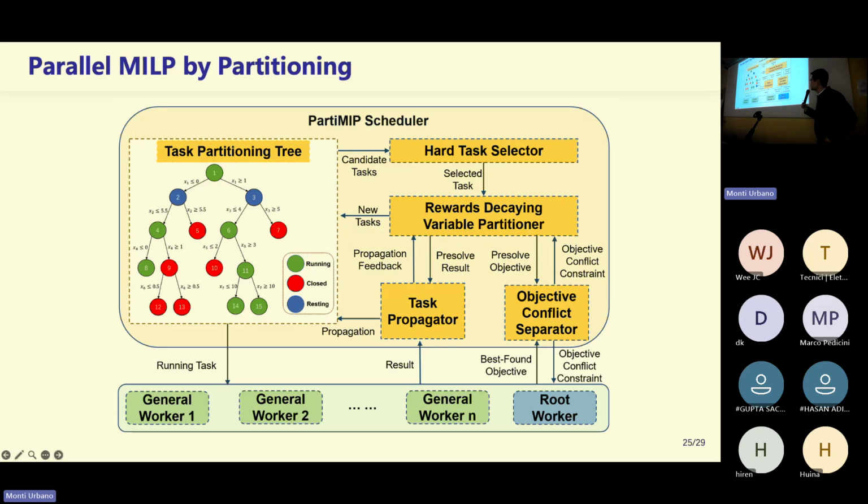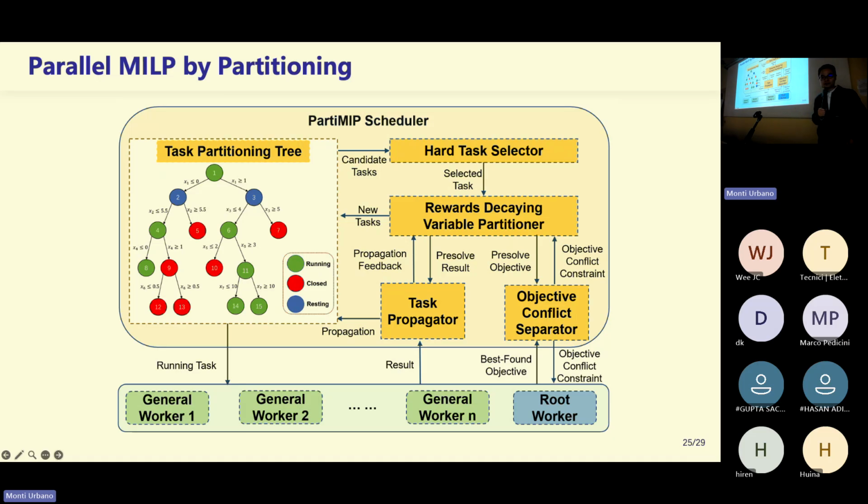And the key ideas here include, first, we have to predict which subtask is most difficult, or which parts of the search space are more challenging. And we need to find out these challenging parts to further partition them into smaller problems.